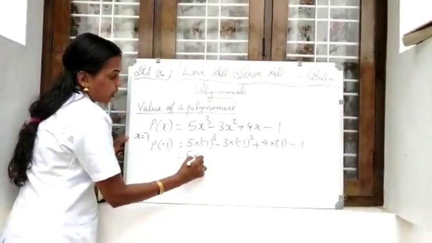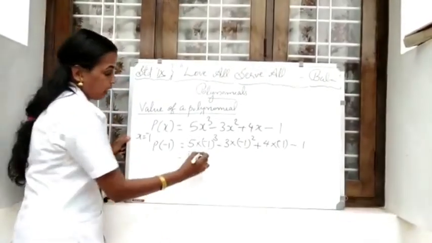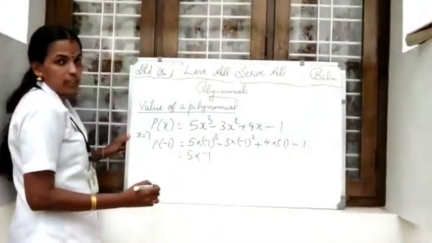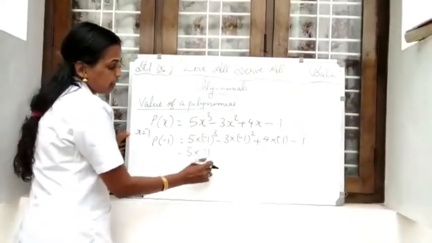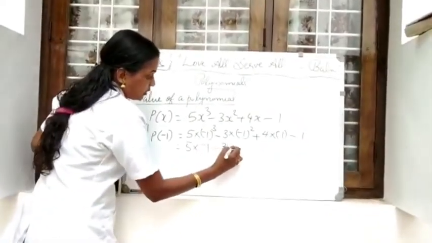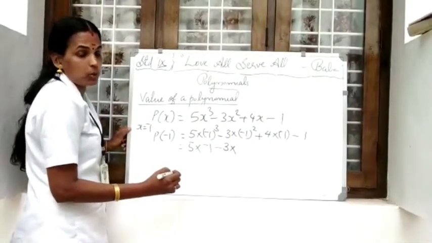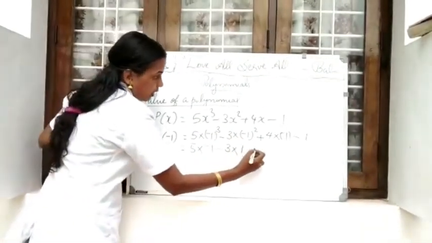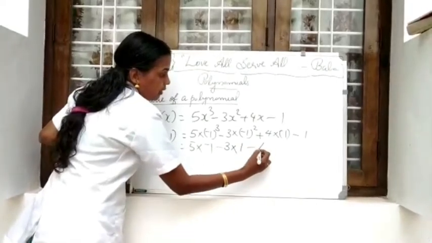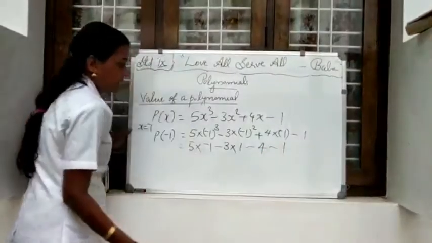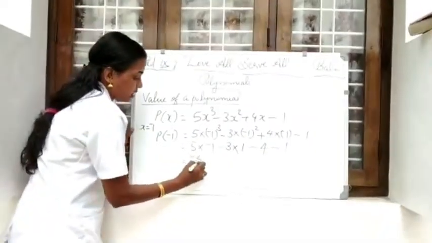What is negative 1 whole cube? It is negative 1. Negative 1 into negative 1 into negative 1, which is negative 1, minus 3 into negative 1 whole square, negative 1 into negative 1, which is positive 1, plus 4 into minus 1, minus 4, then minus 1. Then again we can simplify.